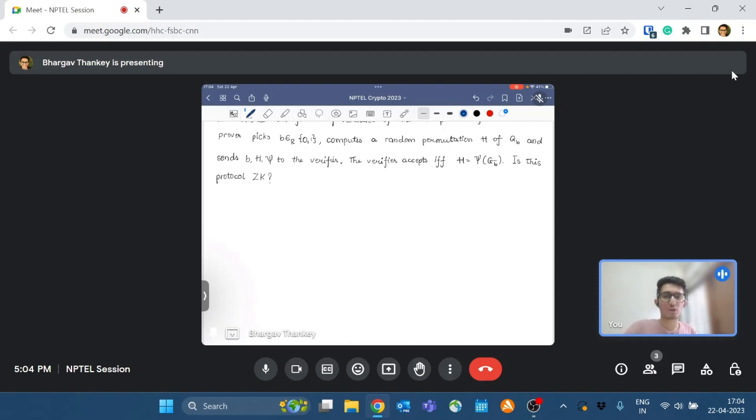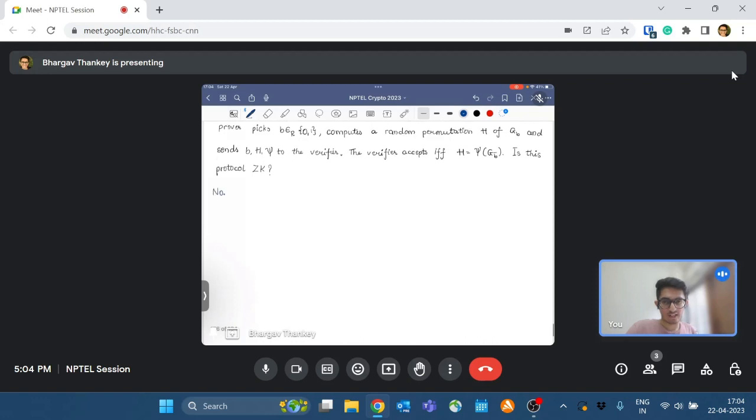So recall that for a protocol to be zero knowledge, three things have to be satisfied. Number one, it should be complete. Number two, it should be sound. And number three, it should have the zero knowledge property, right? So this protocol over here is not sound.